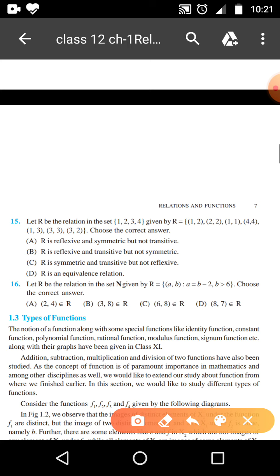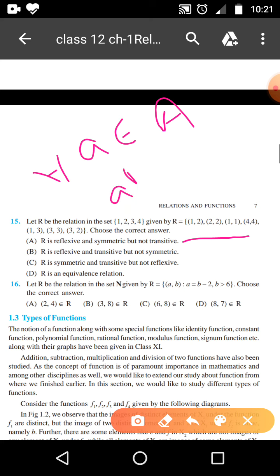So for this, in the relation we see (1,1), (2,2), (3,3), (4,4): for each a belonging to set A, a is related to a, that is (1,1), (2,2), (3,3), (4,4) belong to this relation, that's why it is reflexive. For symmetric, you know the definition of symmetric?